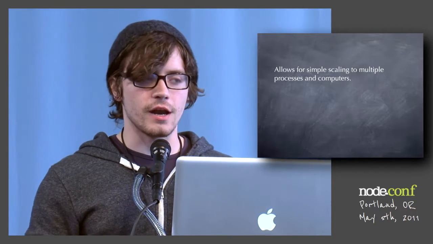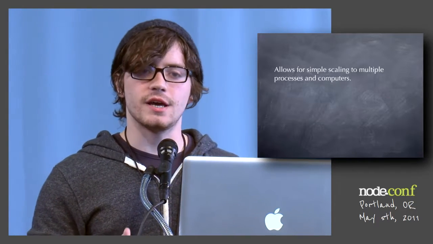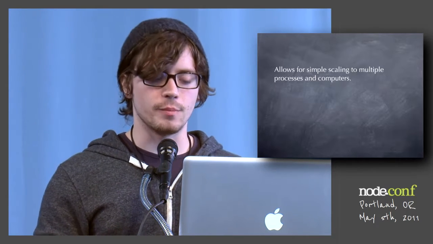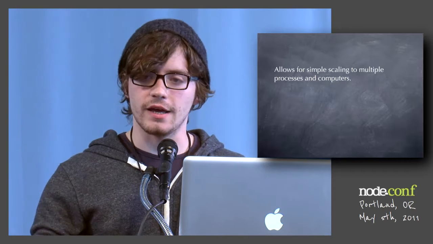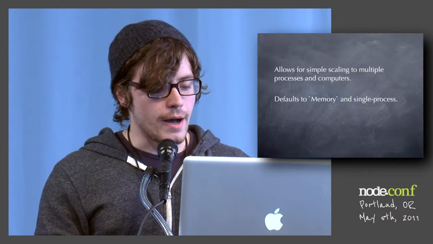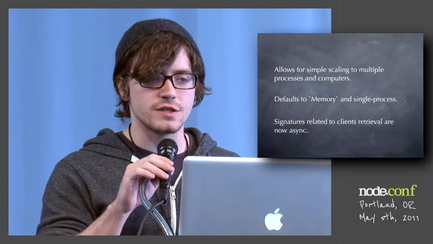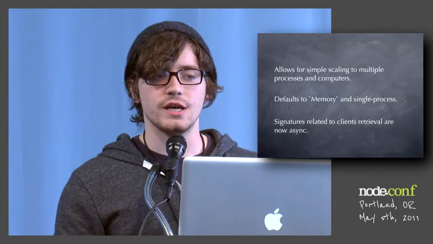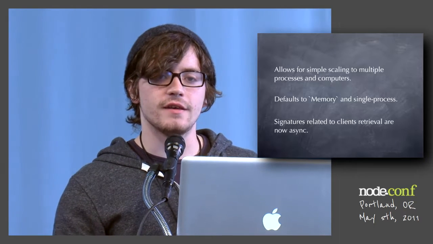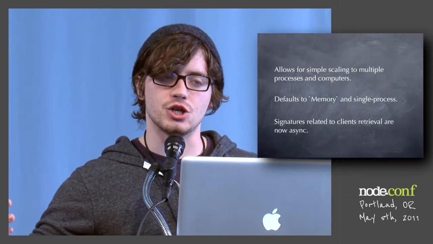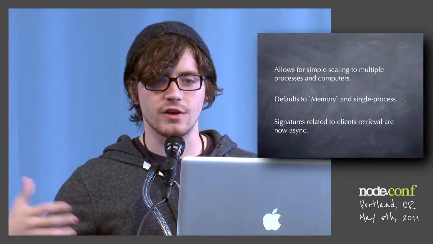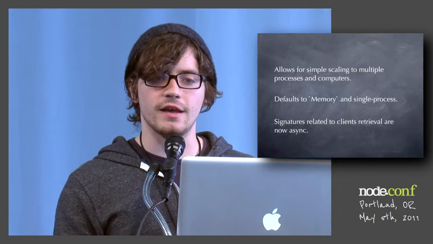The main reason is that not everyone has requirements to set up Socket.io in a cluster or perform worker process replacements with tools like cluster or multi-node. Like I said, it defaults to memory, and one thing that we had to change in order to make these two modes of operating compatible is that every signature that before was just accessing memory now is an async callback.